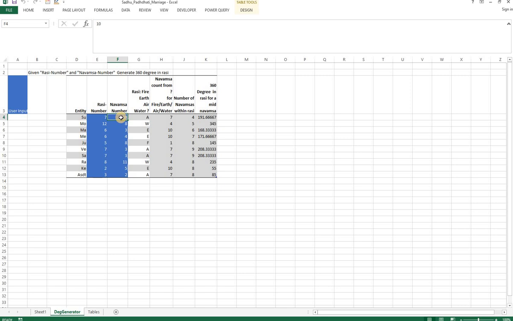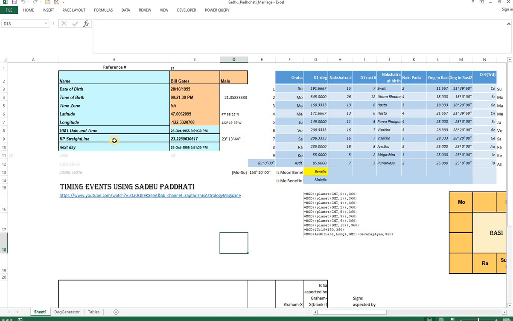So my thought was, suppose I have to use my framework in which we get the Grahas' longitudes and base everything further on the longitudes of the planets and the ascendant. I removed all the formulas. For instance, here I don't have a formula now. The original formula was mod of planet GMT, 360, all this. This was for Surya.